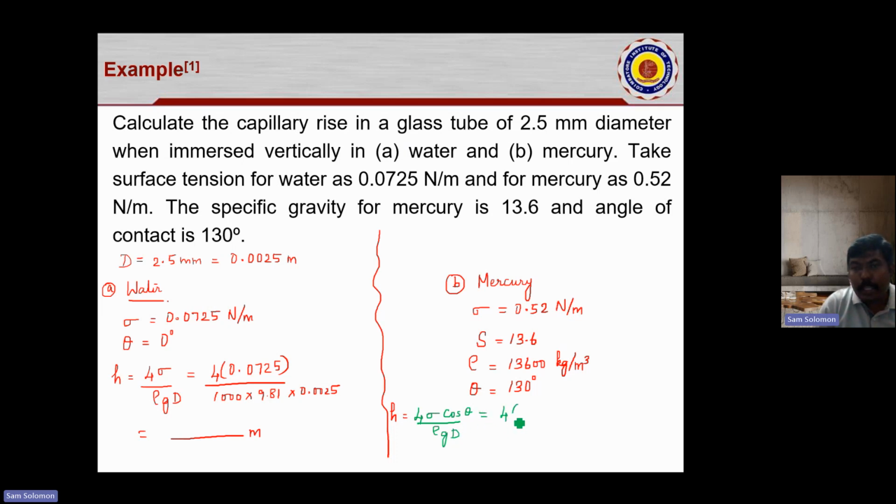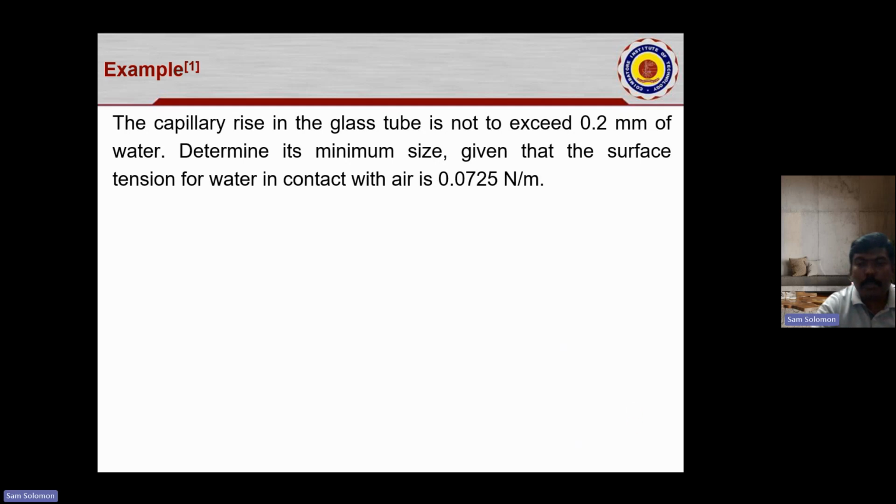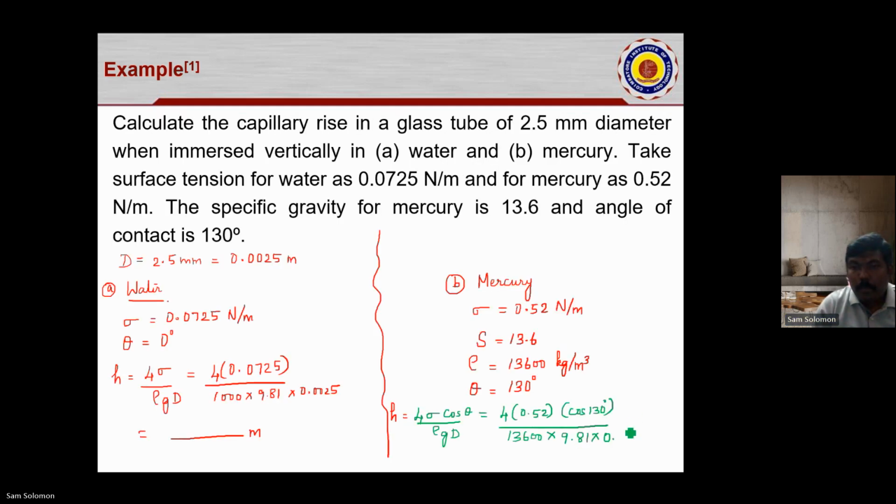So it is 4 times 0.52 into cos 130 divided by rho, which is 13,600, into 9.81 into 0.0025. So if we use the calculator for both these cases, let's see what we get.